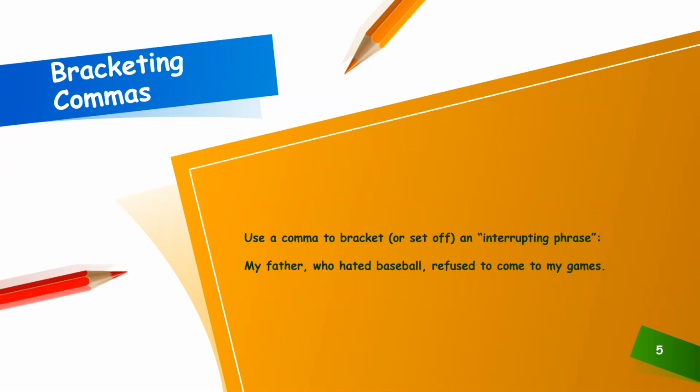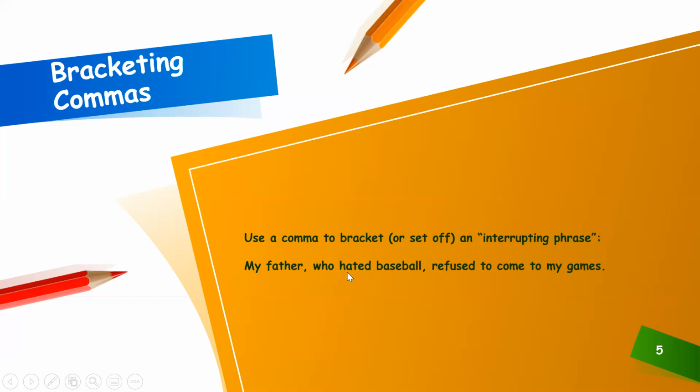Okay, so I switched screens. It looks very, very similar, but you can see up at the top, I moved on from listing commas to bracketing commas. So we want to use a comma to bracket or set off what we would call an interrupting phrase. In the sample here, it says, my father, comma, who hated baseball, comma, refused to come to my games. So you can see that the commas are setting off, or bracketing, this little phrase, who hated baseball.